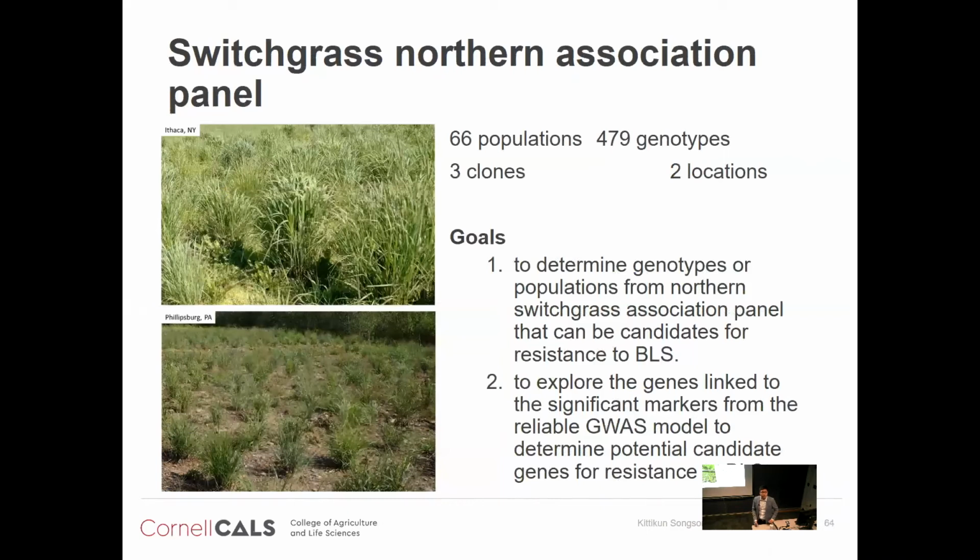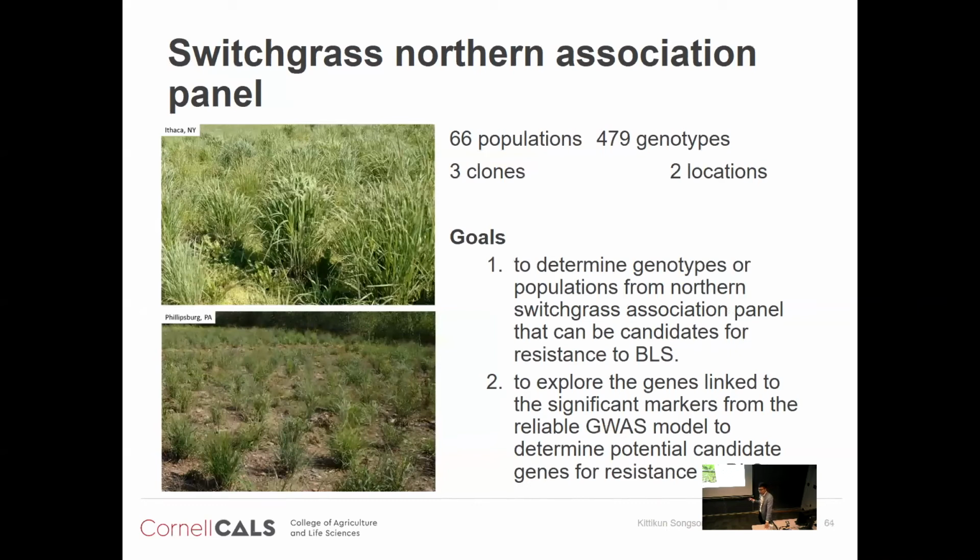The population that I use is a Switchgrass Northern Association panel that consists of 66 populations, including commercialized cultivars of switchgrass and some natural collections. From those populations, we planted 5 to 6 seeds for each population into individuals. So in total, I have 479 genotypes.